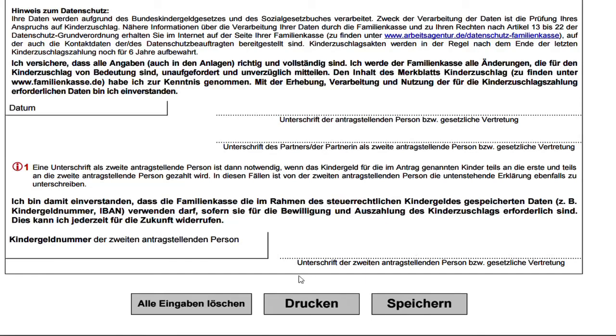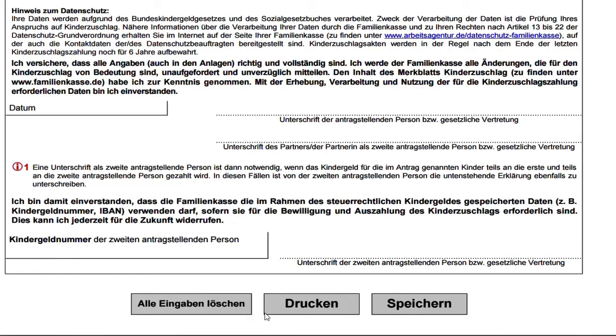And these three options are for those who fill in this form online on their computers. If they click on this option, all the information they have filled in this form on their computer will be deleted.